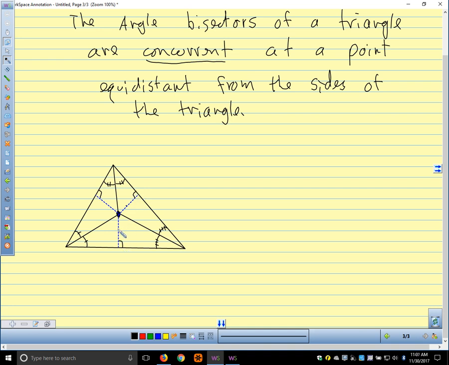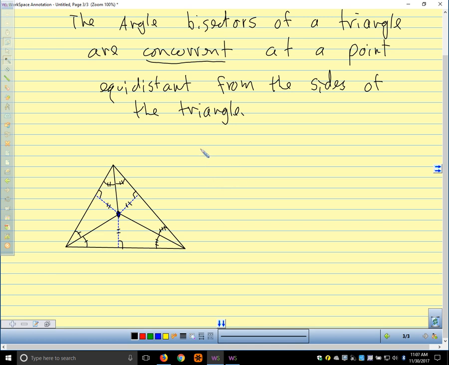What this theorem is telling us is each of those little dotted segments is congruent. So if I put my compass point here and opened it up to the side of the triangle and swung the compass around, I would get a circle that fit exactly inside the triangle.